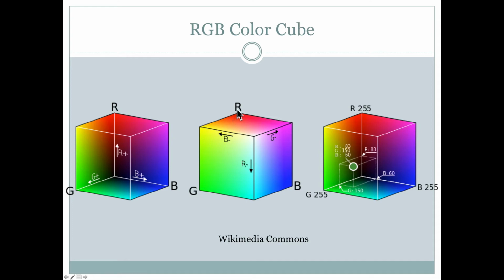And if we combine green and red, we would get a yellow color. And if we combine green and blue without any red at all, we would get this cyan color here. So cyan would be blue equal to 255, green equal to 255, and red equal to 0.